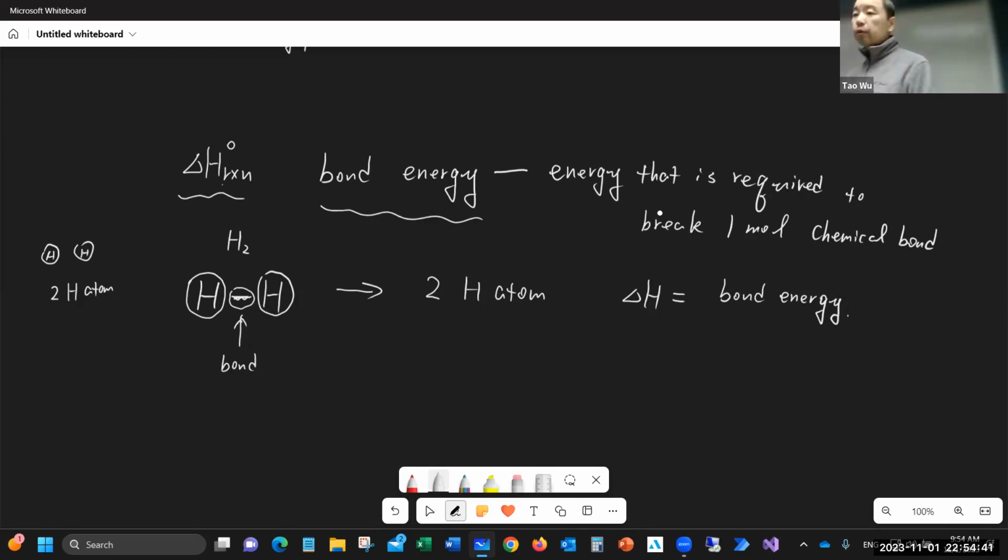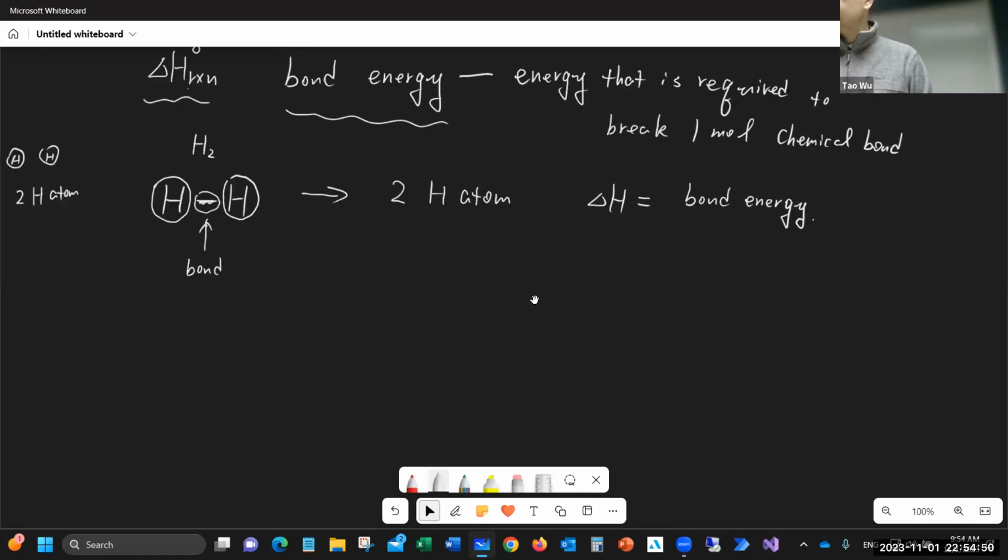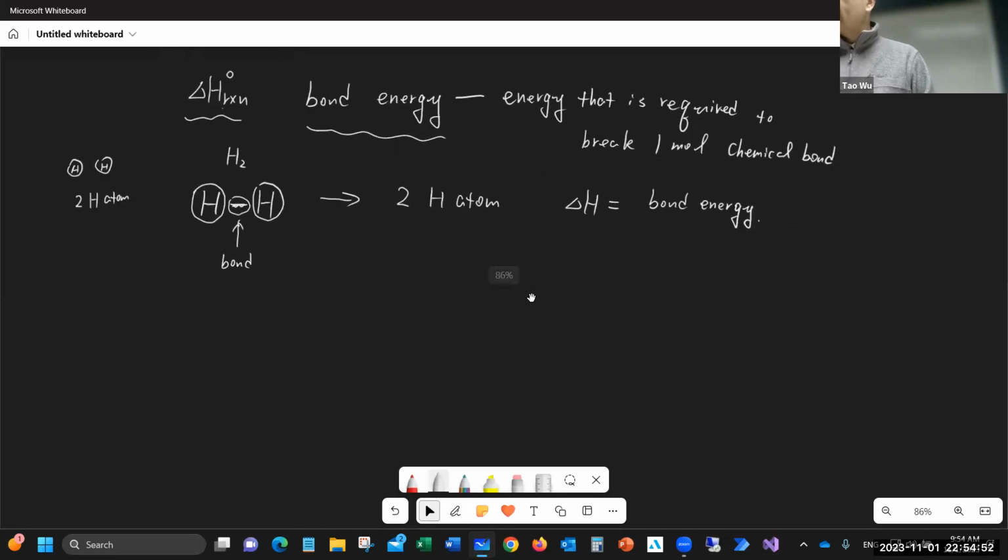And just to let you know, different bonds require different energy when you break them. But if you have a compound like methane, CH4, the structure of methane is like this.